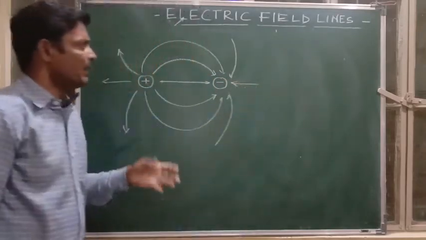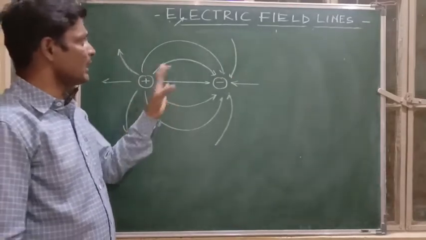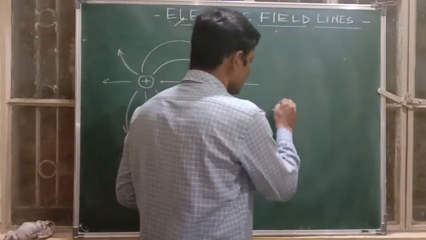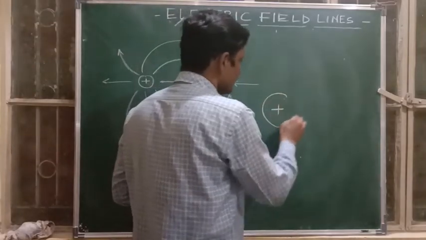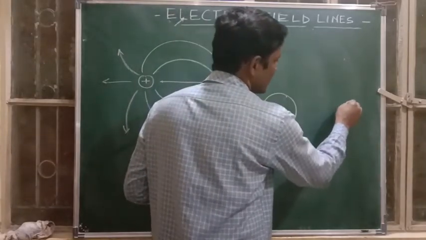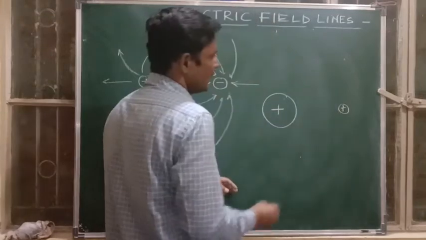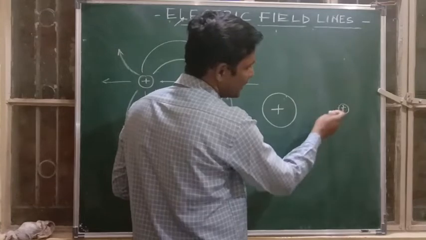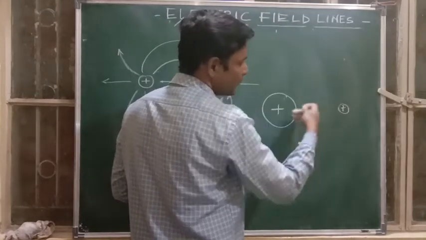But what will happen, how will we draw the electric field lines if the charges are of different magnitude? Suppose that this one has a positive charge of large magnitude and here is this positive charge of small magnitude. Then the effect of this force will be more, up to more distance.